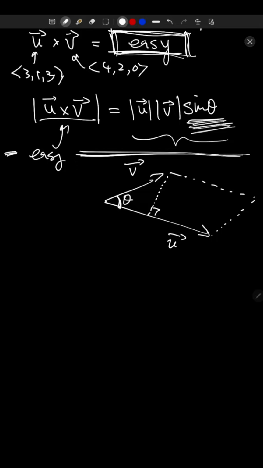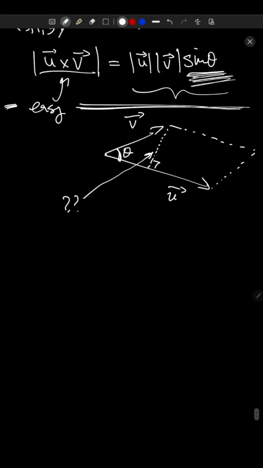All right. So if I look at this picture, I can see that this dotted line that drops down as the perpendicular, what is its length? Well, I've got a right triangle, and the hypotenuse is length v. So sine of theta is equal to the thing that we don't know over the length of v.